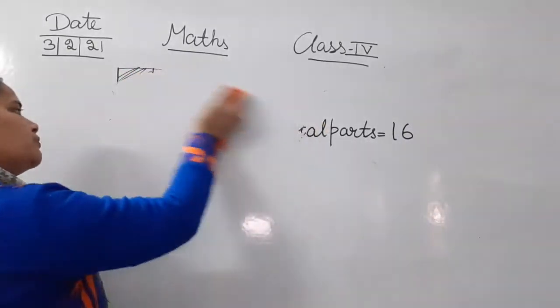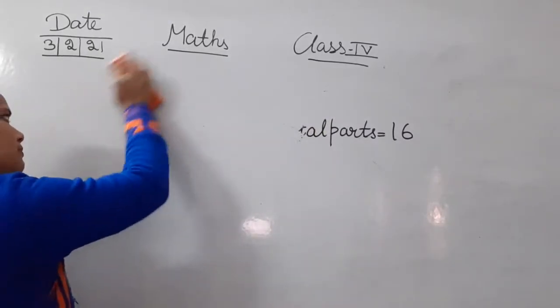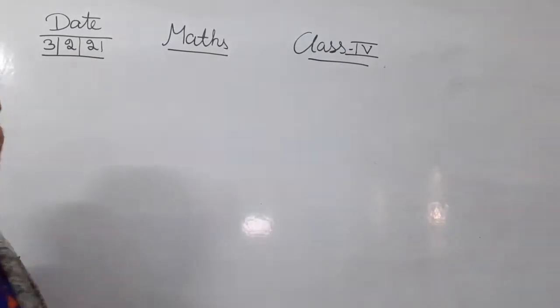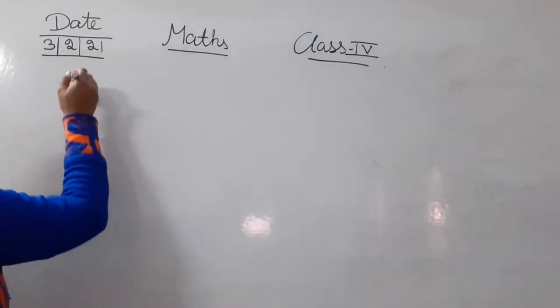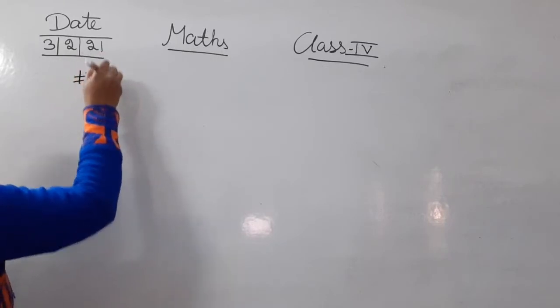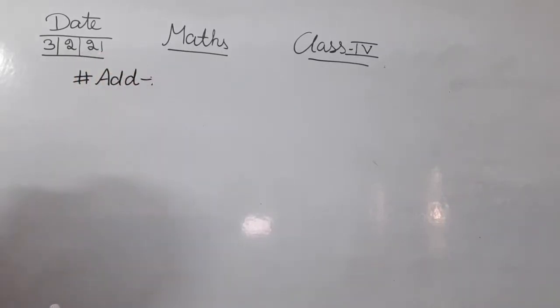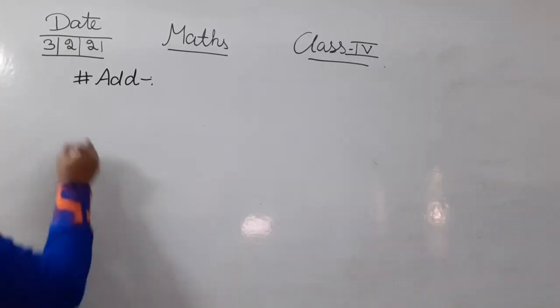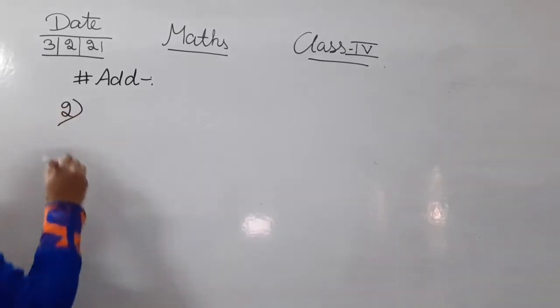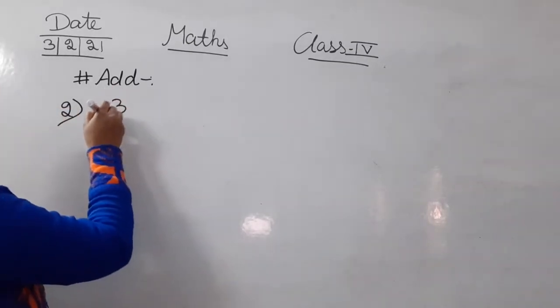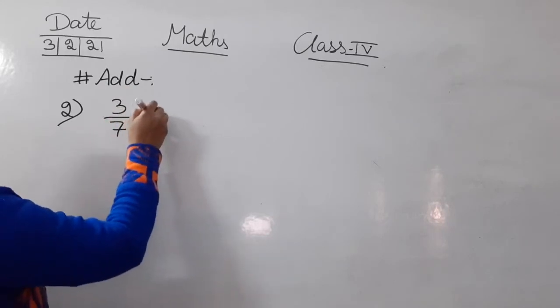Now we are going to do the sums in number form, how we are going to add the fractions. Question number 2: add 3 upon 7 and 1 upon 7.